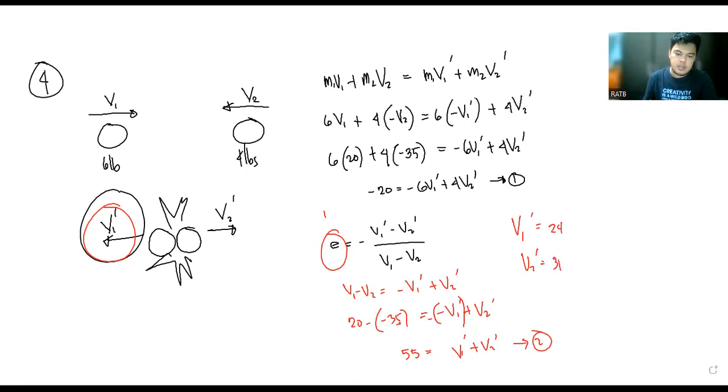Since we are asked to calculate for the velocity, or the speed, of the 6-pound ball, the answer must be v1 prime. So this would be the answer: 24 feet per second.